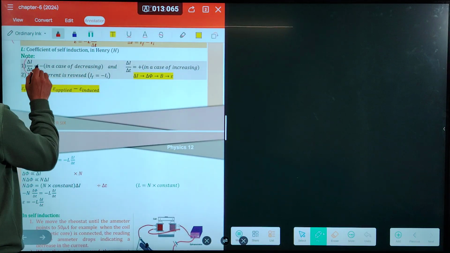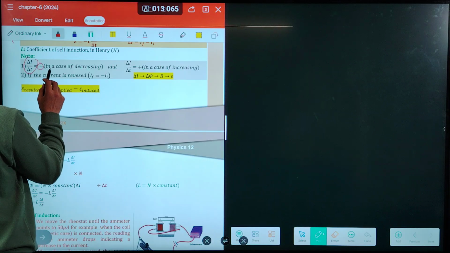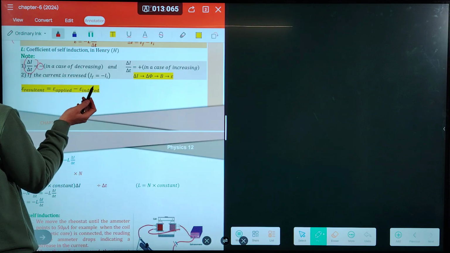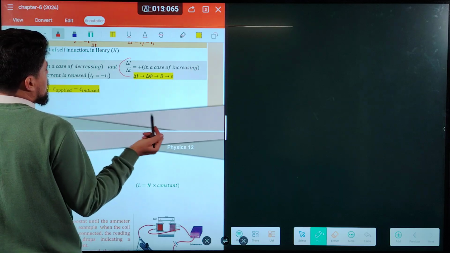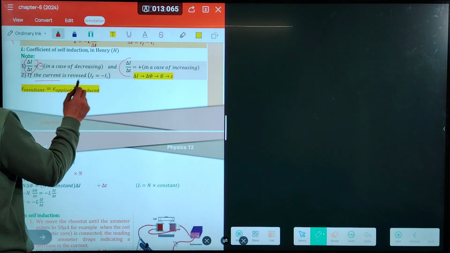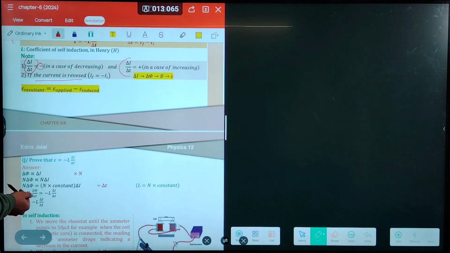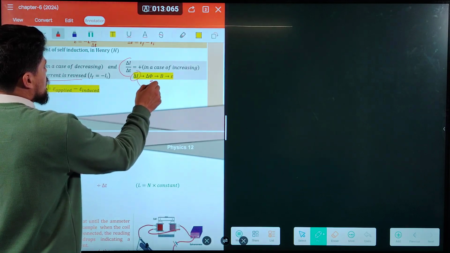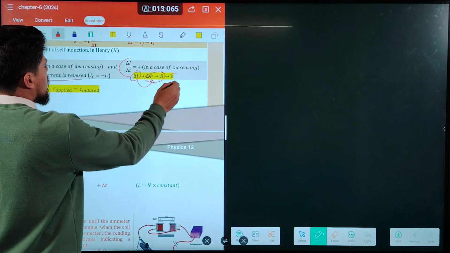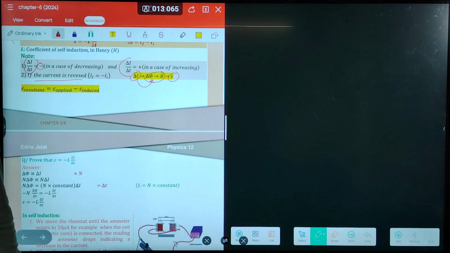In the case of decreasing of the current, delta I becomes negative, and in the case of increasing, delta I becomes positive. If the current is reversed, I final is equal to I initial but in the opposite direction. The amount of the current goes to change magnetic field and flux, and it induces electromotive force and current.